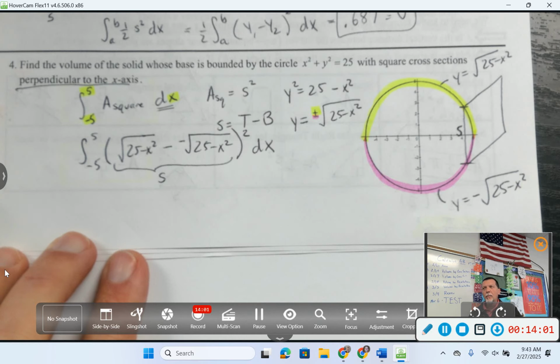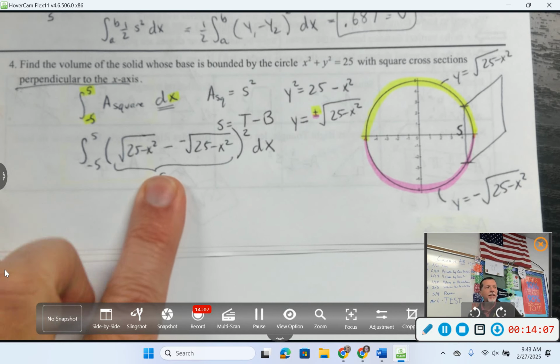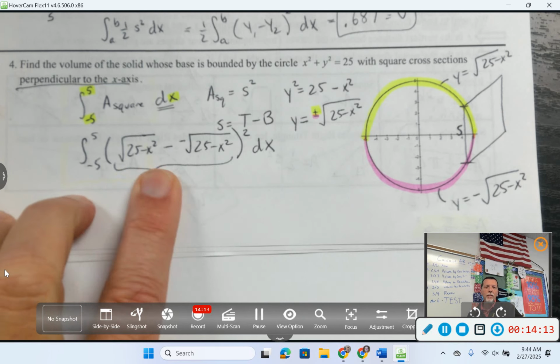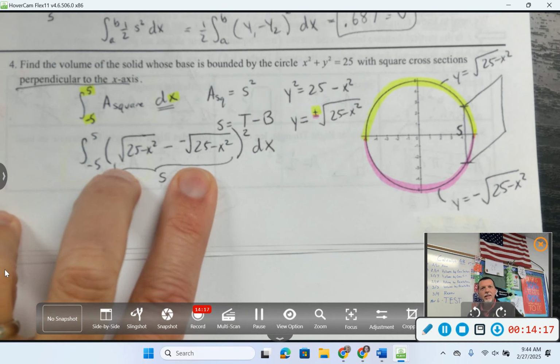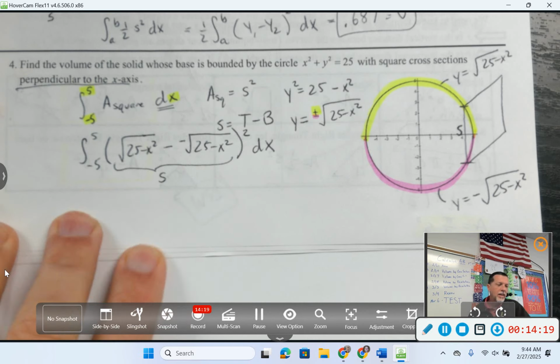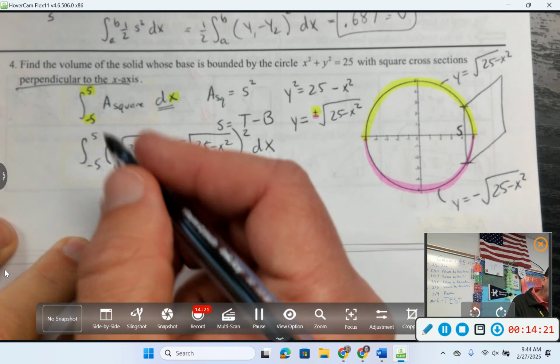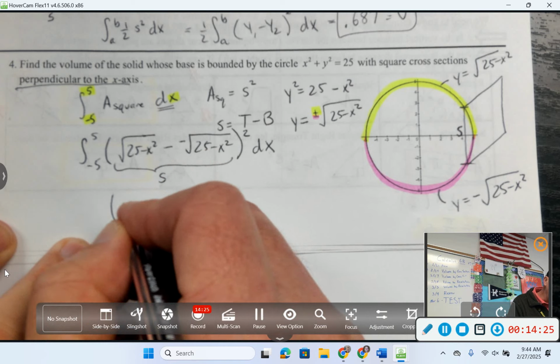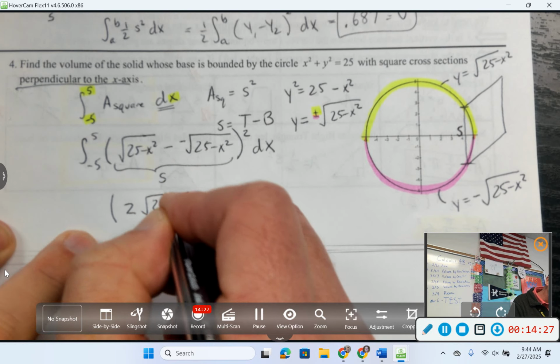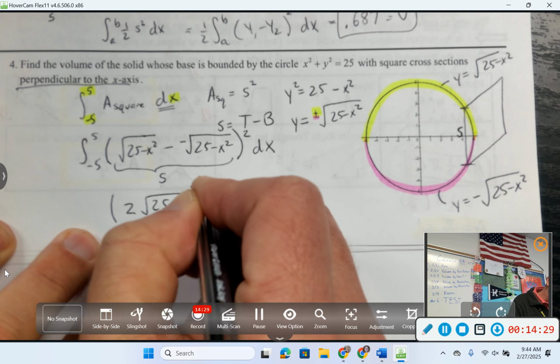Debating now, like how much math do I want to do on my own and how much do I want to put in the calculator. I can put all of that in the calculator right now. But what's root 25 minus x squared minus negative root 25 minus x squared? That's 2 of them. So it's up to you. You want to put that in the calculator? That's a lot of typing. You want to simplify it a little bit and put that in the calculator?